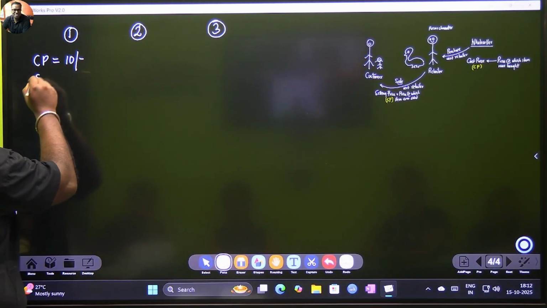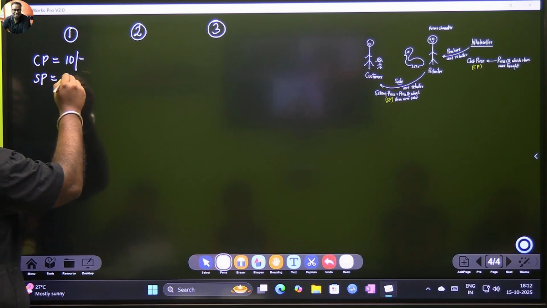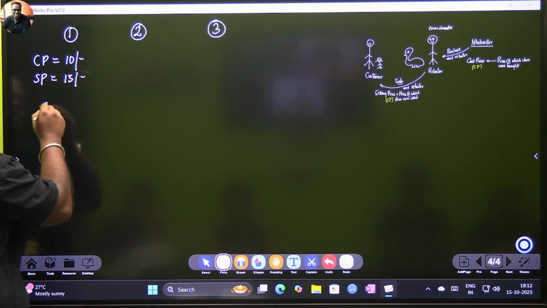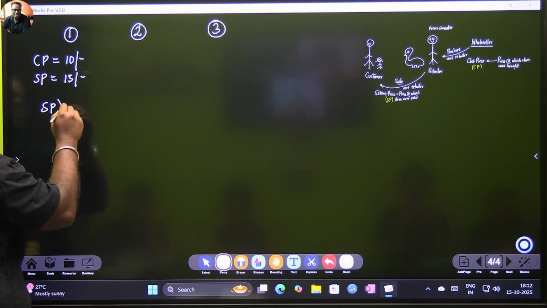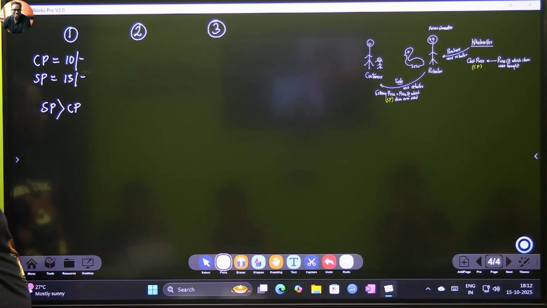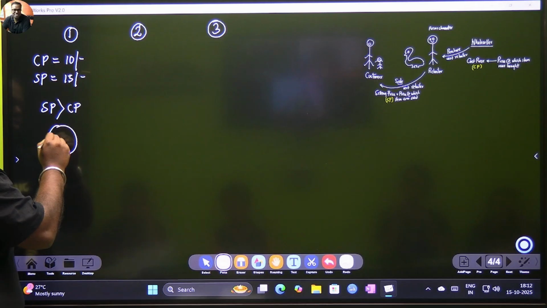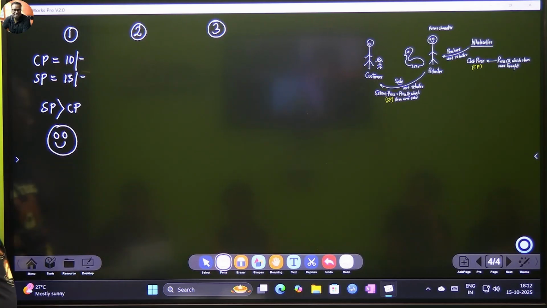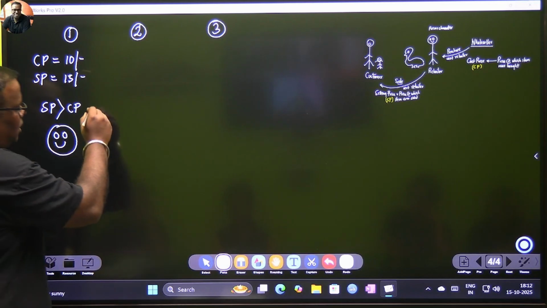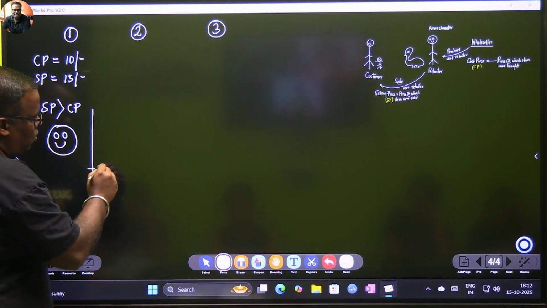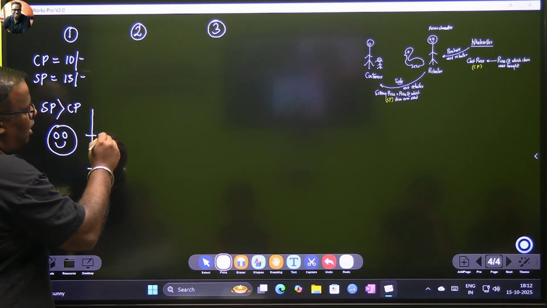So my selling price is something like 15 rupees. This is a classic scenario where the selling price is more than the cost price, and we are looking at it from the retailer's side. In this case, I can give him a smiley because he's making money. This was his cost price and he is selling out here.